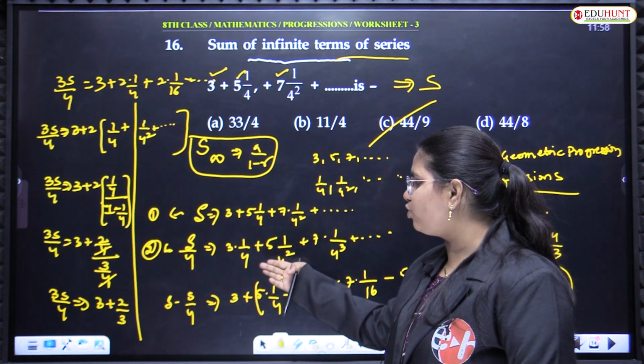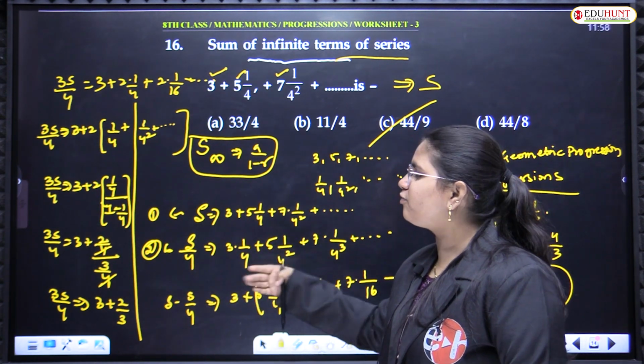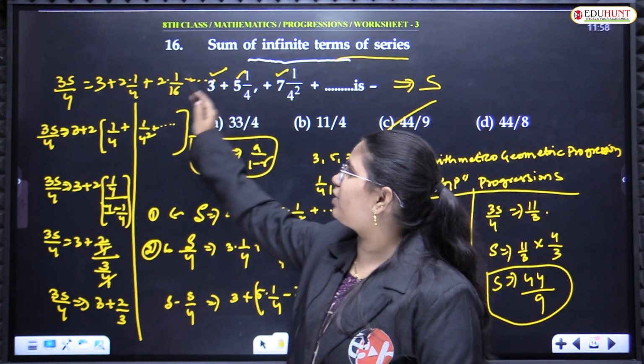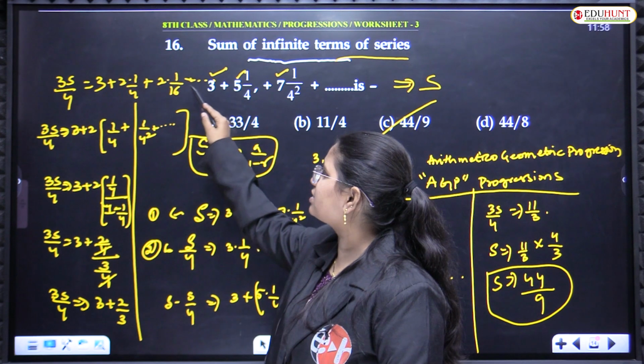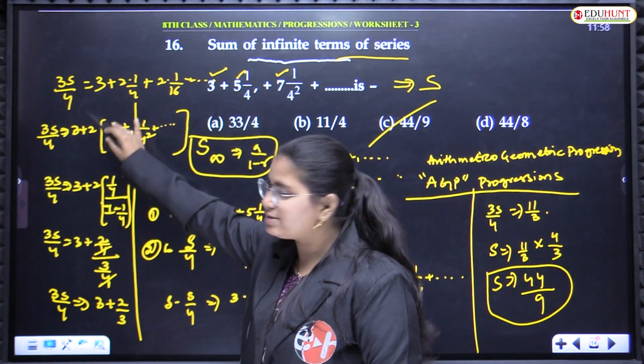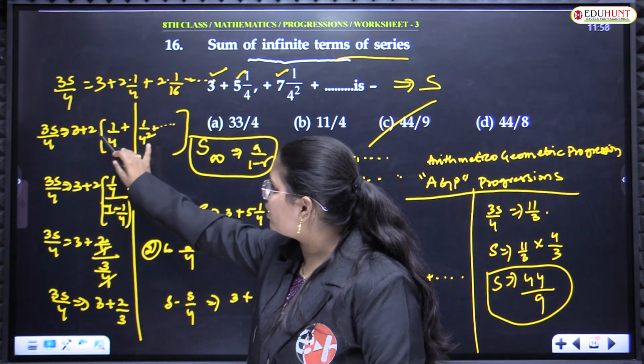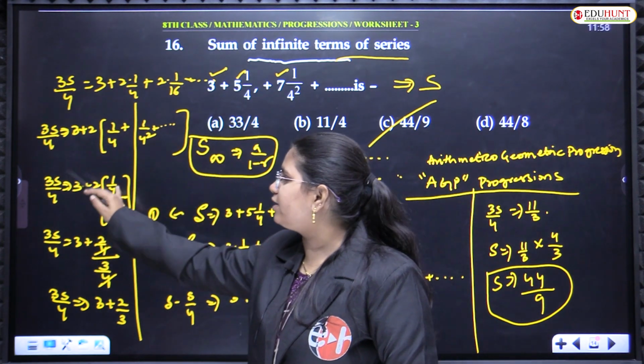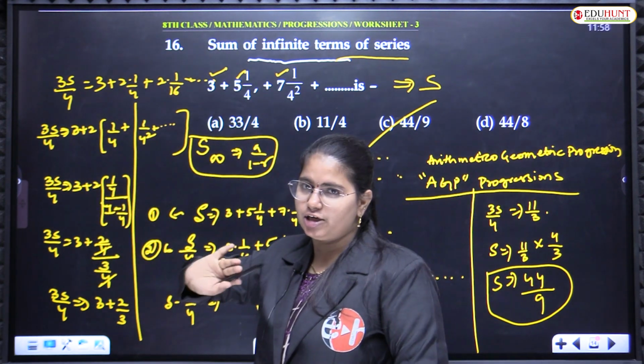Divide it by 4. So if I subtract the first and second equations, what I get is 3 plus 2 times 1 by 4, 1 by 16 and so on. 3 I wrote as usual. I took 2 common, so 1 by 4 plus 1 by 4 square and so on. 3S by 4 as usual I have written like this.